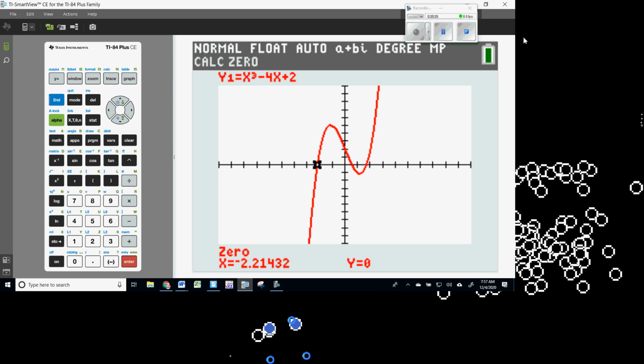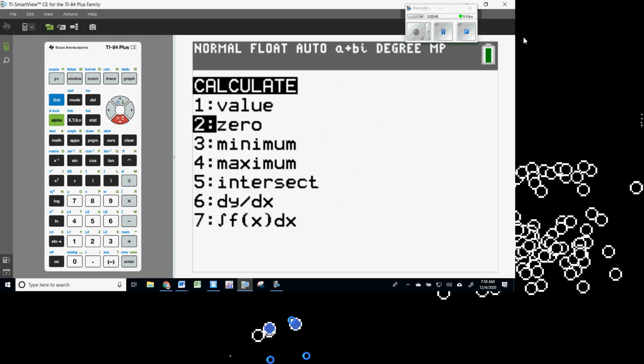You can't get to the 0 by trace. You can't use trace. You have to use the 0 button here. If you use trace, you're not going to get your answer close enough. Second, you hit the trace button, but you go down to 0. You can't just hit the 0 button on this.